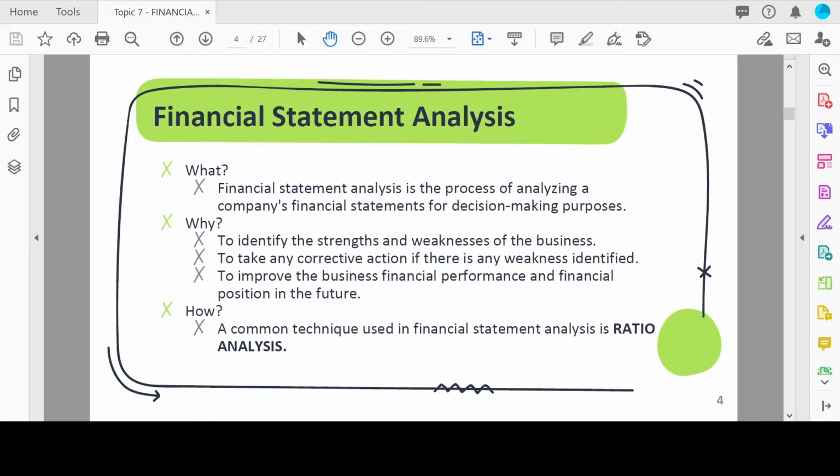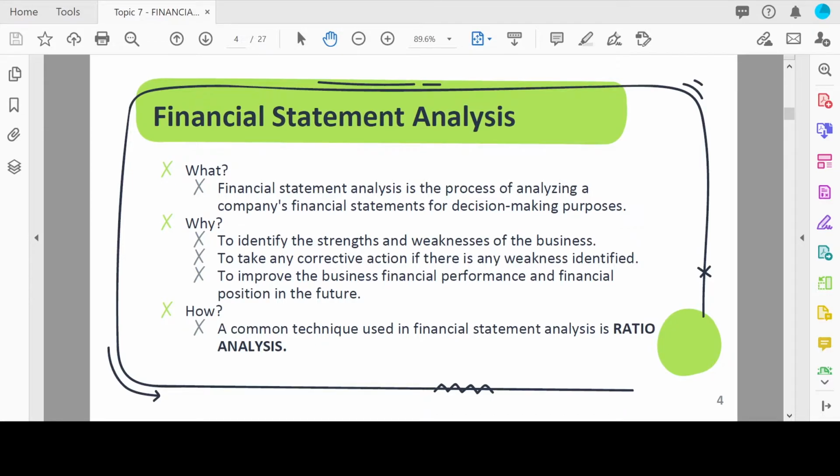So the reason why we need to perform the financial statement analysis, number one, is to identify the strength and the weaknesses. After we create a relationship between the numbers, we can see something from there. And then we can see which area is the strength, and which part is the weakness of the business.